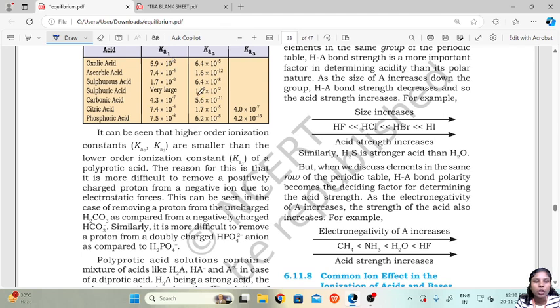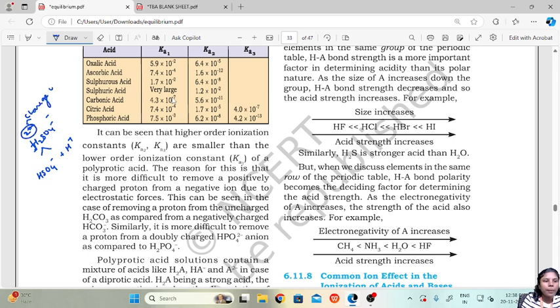Now why is it? See, we had H2SO4, and if I remove one hydrogen from here, I'll have HSO4 minus and one H plus will go off. Here there was a ratio of 2 plus and 1 minus, so the charge was more over here.